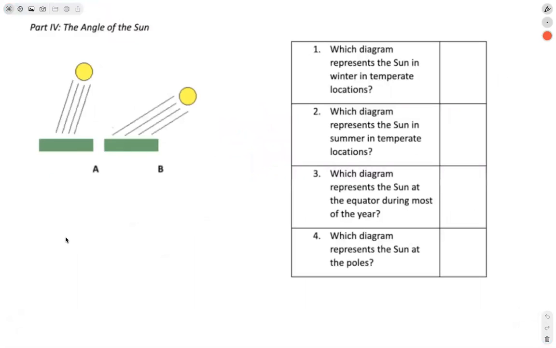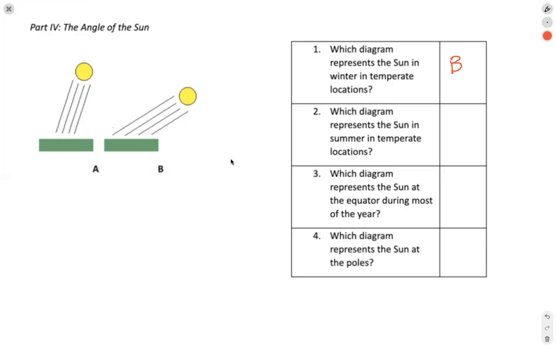Which diagram represents the sun in winter and temperate locations? B. Yes. If it's winter and we're in a temperate location, so wintertime, the sun is at a greater angle, further distance.